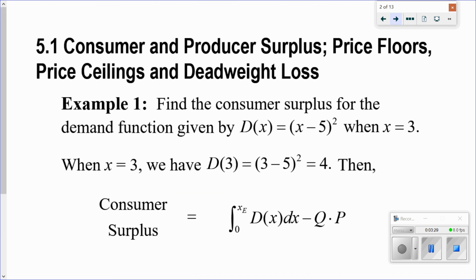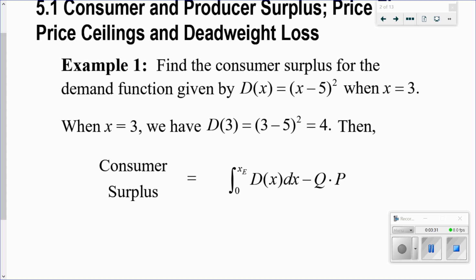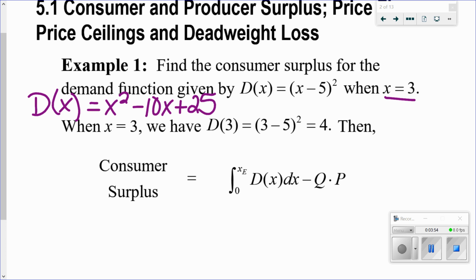Okay, so here is one example for consumer surplus. We have a quantity of 3. Now I'm going to go ahead and multiply this out. The demand function they gave us was D of x equals (x minus 5) squared. And remember, you have to FOIL that out, so it's x squared minus 10x plus 25.